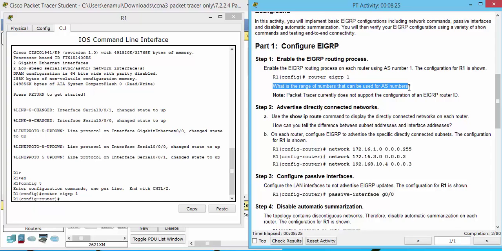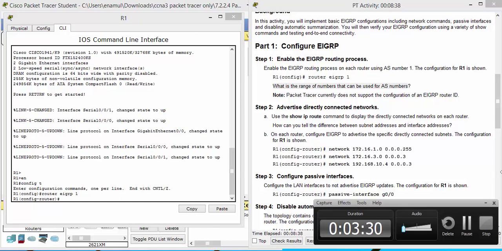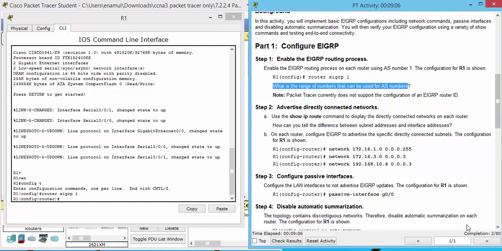Each autonomous system number is significant to route packets within its own routing domain. So it functions as a process ID to help routers keep track of multiple running instances of EIGRP.